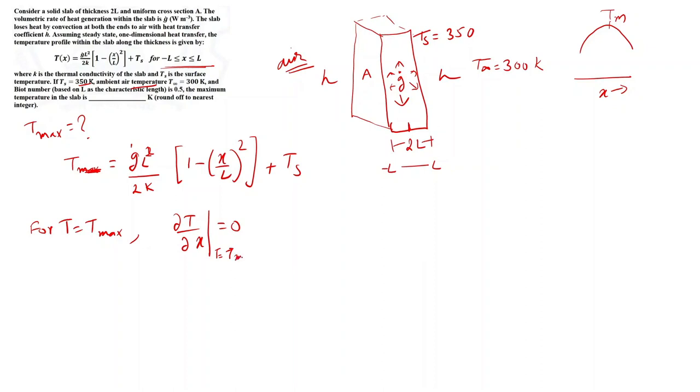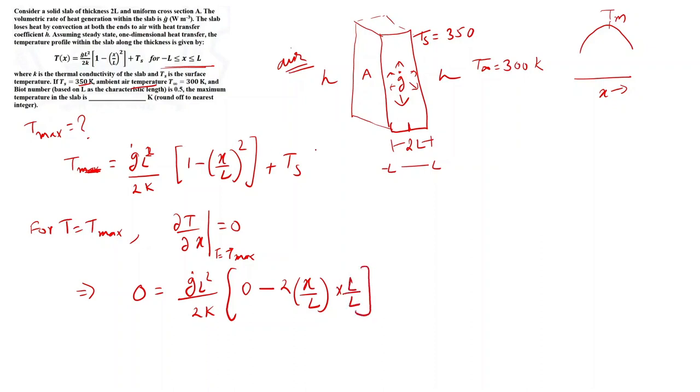So we can differentiate this and equate it to 0. Differentiation of 1 is 0, minus the derivative of x square, which is 2x, and then using the chain rule it becomes 2x upon L into the differentiation of x with respect to x, which is 1, upon L, plus the last term, which becomes 0.